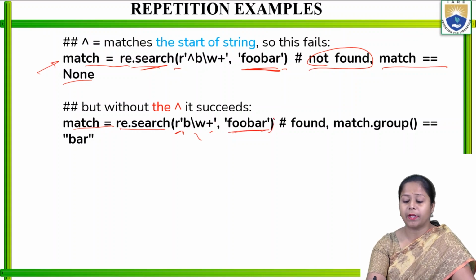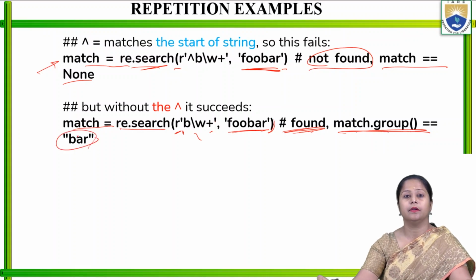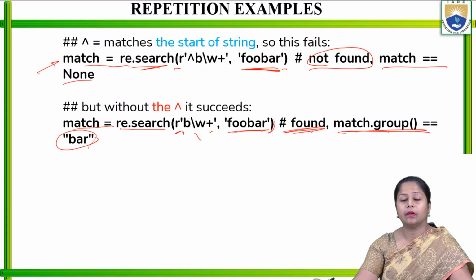That means the pattern is going to be found, and match.group() will be equal to bar. So that is how we need to write the different syntaxes to match the different patterns.